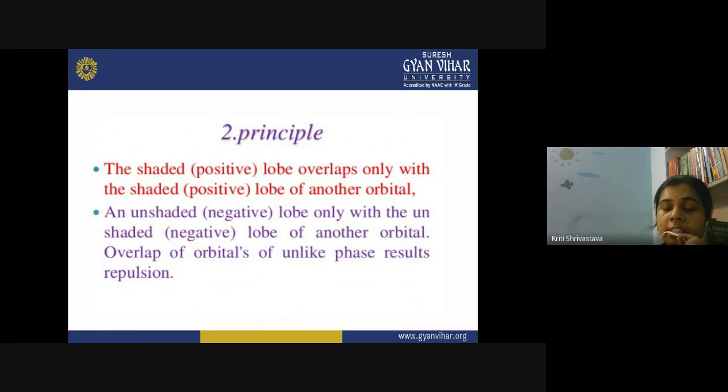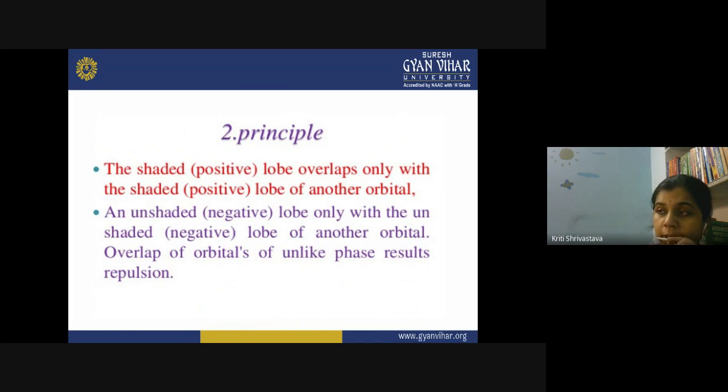So what will be the symmetry allowed interaction? If the positive lobe of one orbital in one molecule overlaps with the positive lobe of another orbital of another molecule, then this is my symmetry allowed interaction. So positive with positive can overlap and negative with negative can overlap.